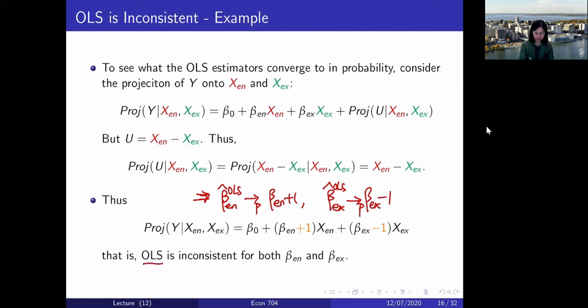So the OLS of y on xen, xex are not consistent for either beta en or beta ex. So the endogeneity of one variable affects the consistency of the OLS estimator for both variables.